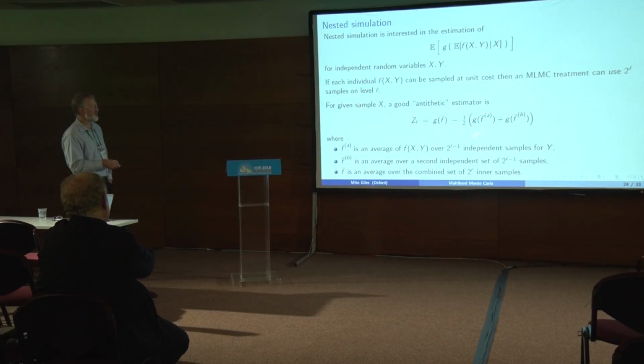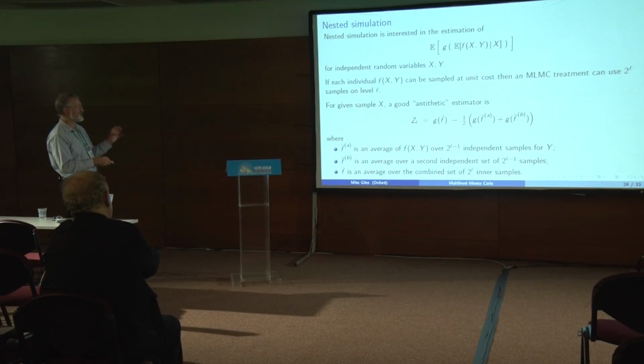So first, I generate one set of 2 to the L-1 samples of y, and I use that to get this f bar A. And then I use a second independent set of 2 to the L-1 samples to get the f bar B. And then I put those two sets together, and that gives me a combined set of 2 to the L samples, and that's what I use for this f bar. So that's the one I'm using for the fine level.